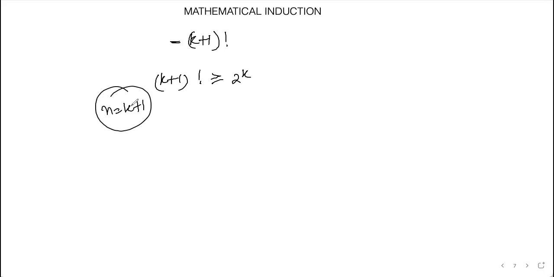So on the assumption that S(n) is true for n equal to k, k greater than or equal to 1, we have proved that S(n) is true for n is equal to k plus 1. Okay, so hence by mathematical induction, S(n) is true for all integers n greater than or equal to 1.